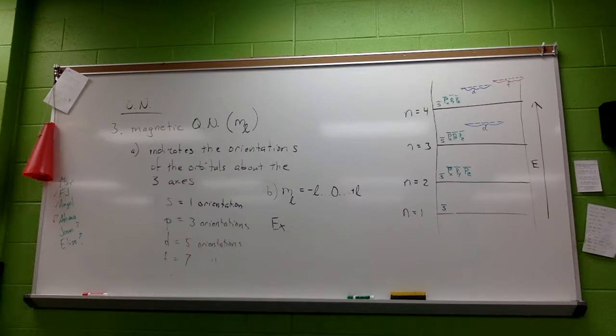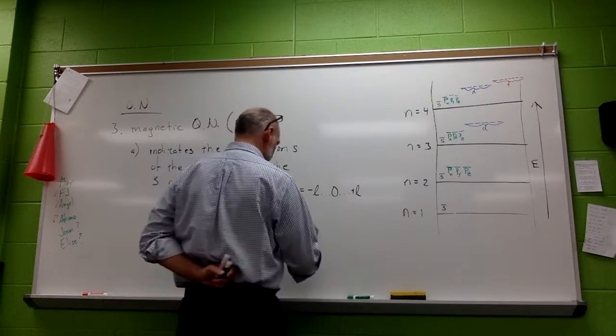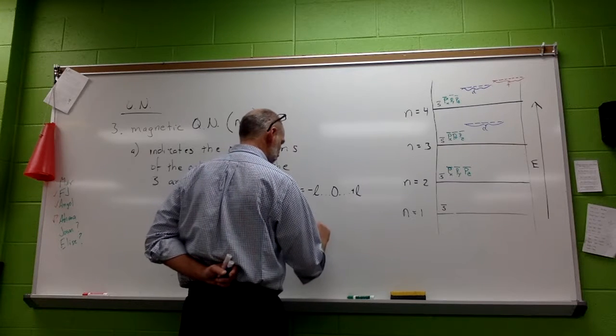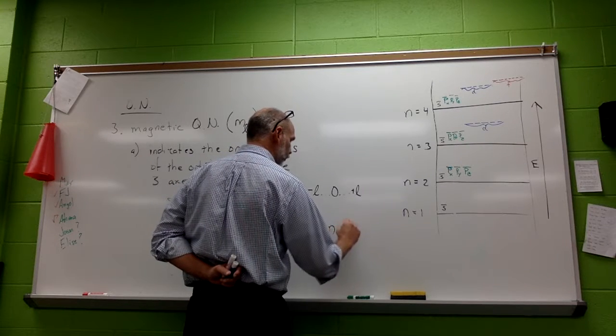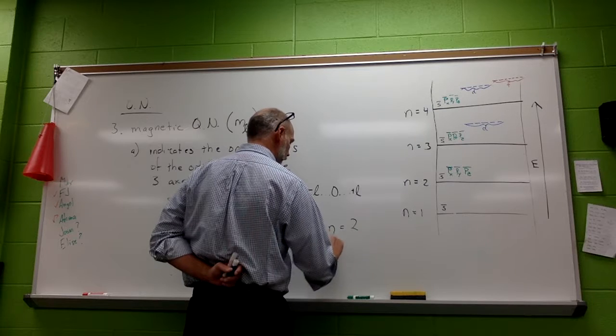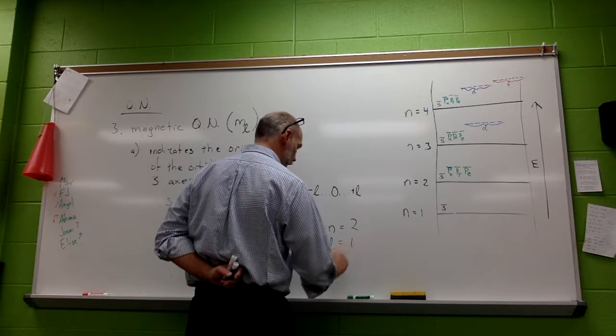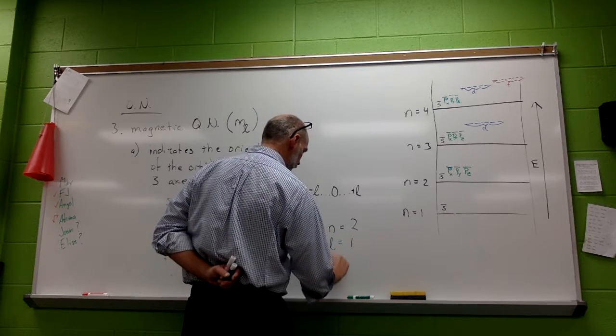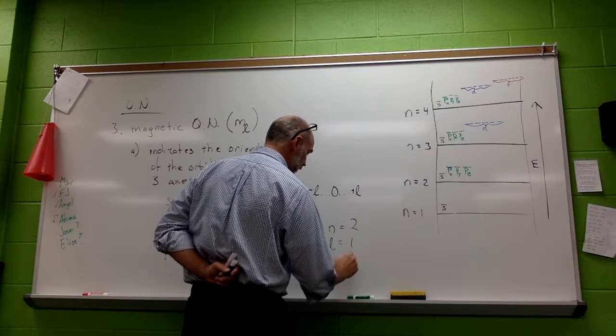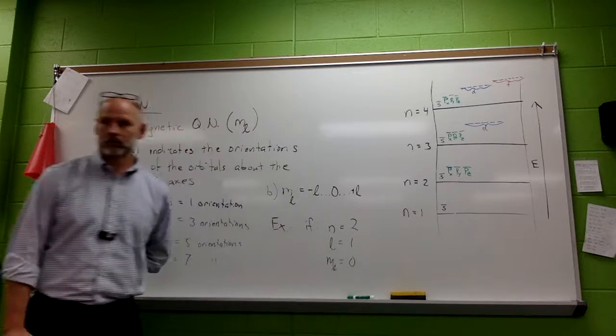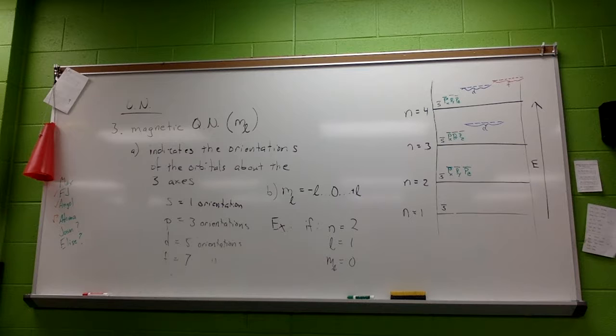So when I give you some information regarding the quantum numbers, it's referring to an electron. So if n equals 2 and L equals 1 and M sub L equals 0, what does that mean? Well, I'm about to show you.